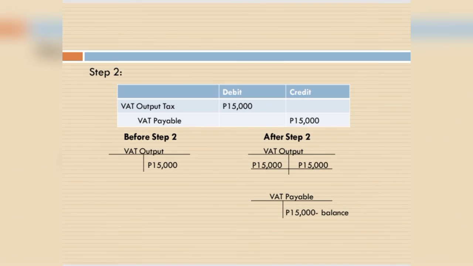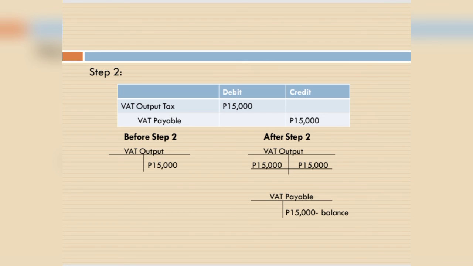Step 2. Close the output tax account to value added tax payable. Since output tax shows a credit balance of 15,000 pesos, it is closed by debiting the said account, and the credit is value added tax payable, as follows.